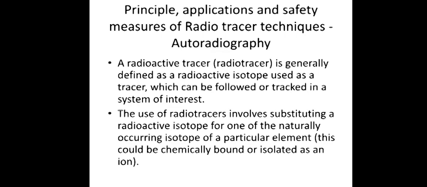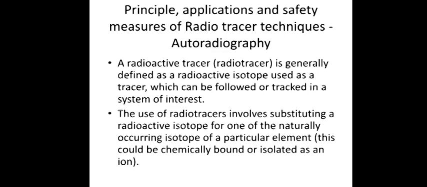This is the basic principle that is used in a radiotracer technique. You have certain isotopes, certain elements which over a period of time are going to decay by emitting certain radiations. This is important because if you could detect the radiation or the particle that is emitted, you know that these given isotopes are present in a given area.